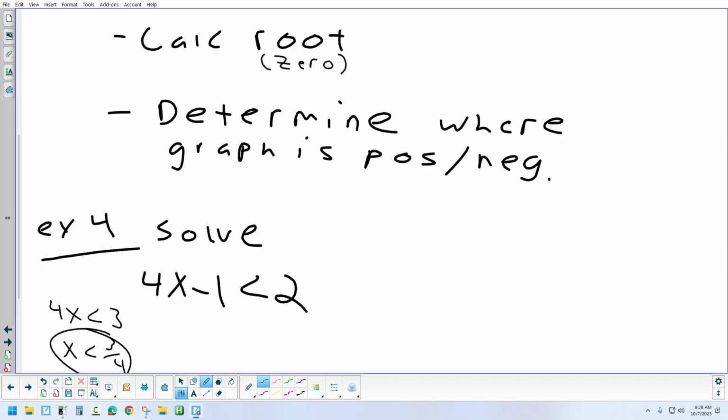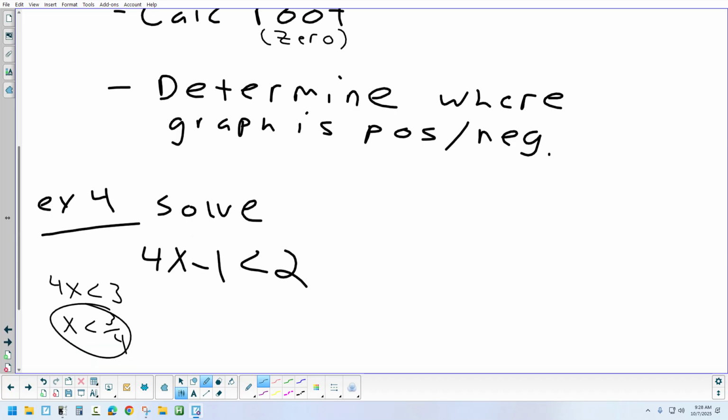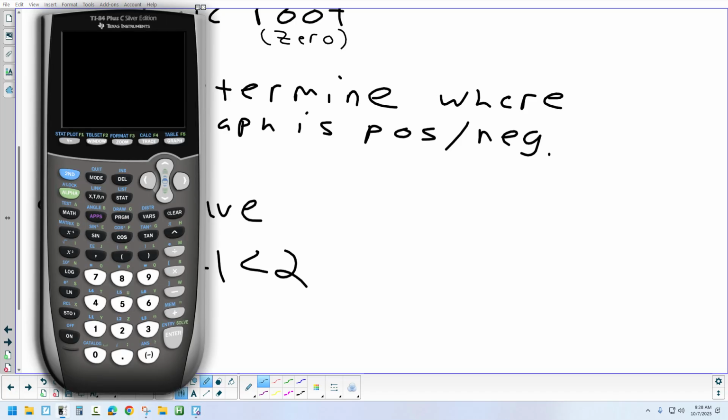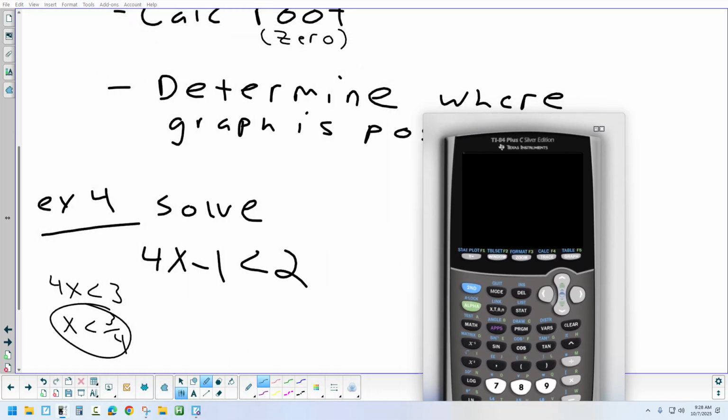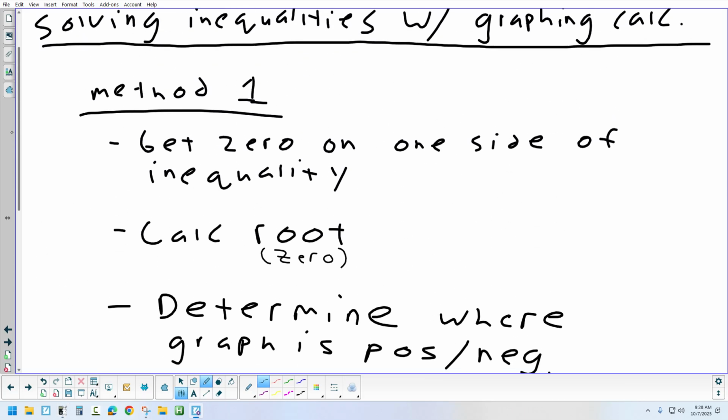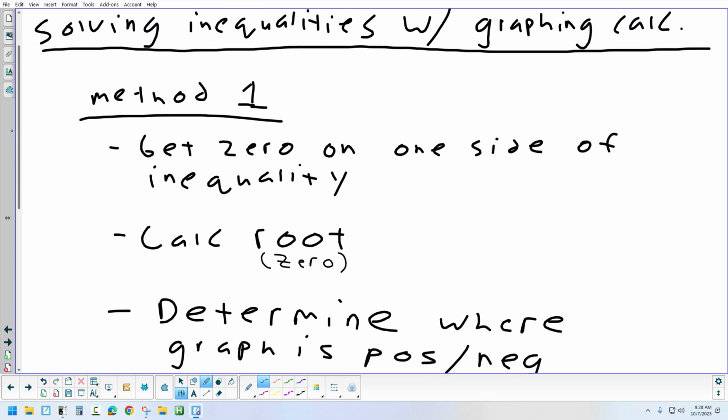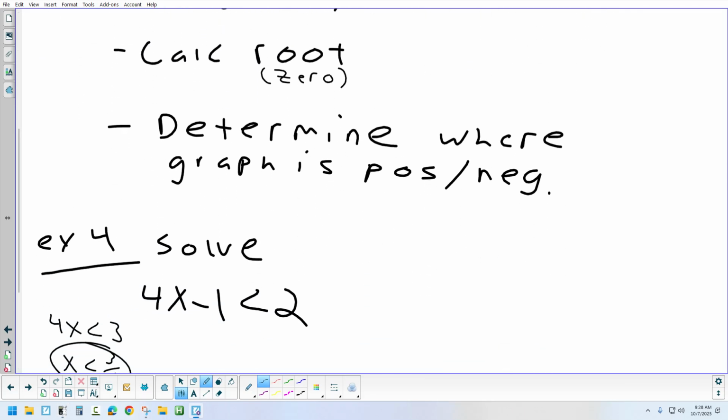X is less than 3/4. But now I want to do it on the calculator and see if we can get the same answer. It's going to give you a decimal on the calculator, so 3/4 is the same as 0.75. Okay, so the method says get 0 on one side of the inequality. Okay, so let's take this.